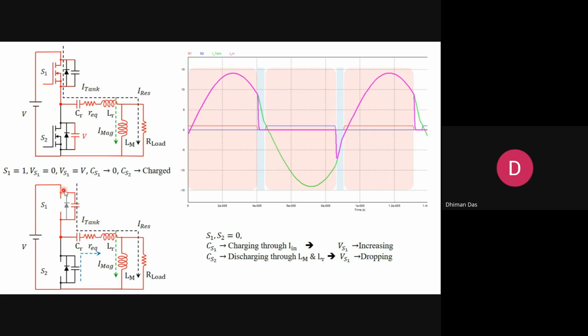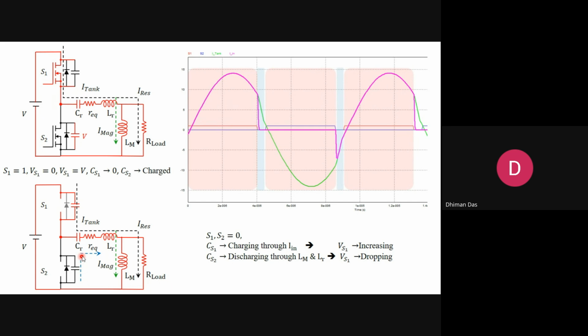So this source current tries to flow to the network and tries to charge the capacitor. When it charges this top capacitor, the voltage across the switch is going to increase. Similarly, the bottom capacitor, which was charged, is now going to discharge through this network, because this network is connected across this node.